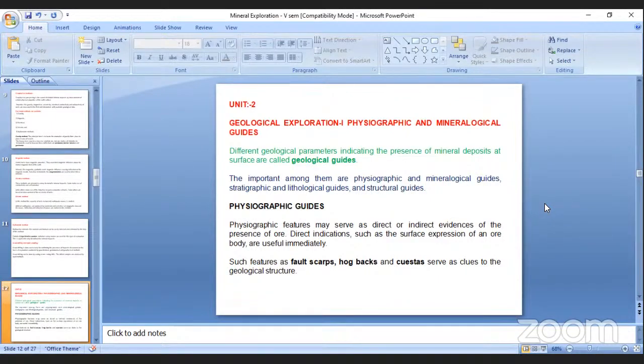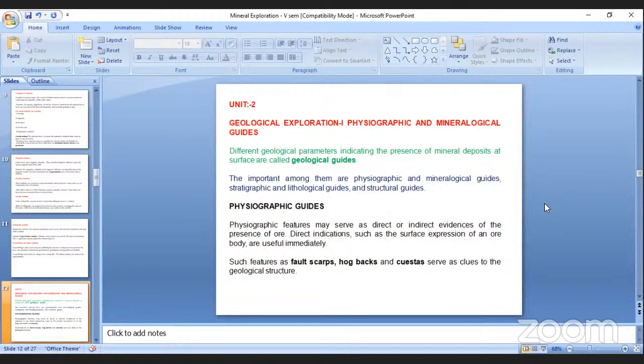And what are the physiographic guides? In this case, we have to identify the physiographic features of the area where we are doing the exploration. The area may have indications which show directly to us, depending on how the surface was formed with the presence of an ore body and how it will be useful to us.